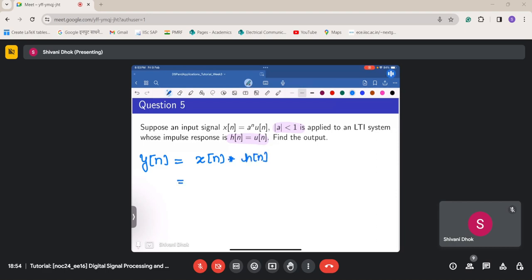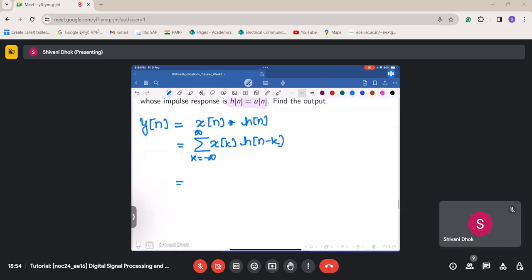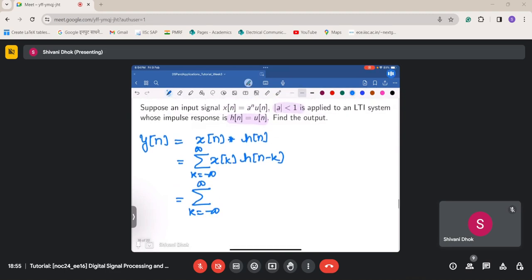So we can write this as the summation over k from minus infinity to infinity of x[k] h[n minus k]. Let us substitute the values of x[k] and h[n minus k].